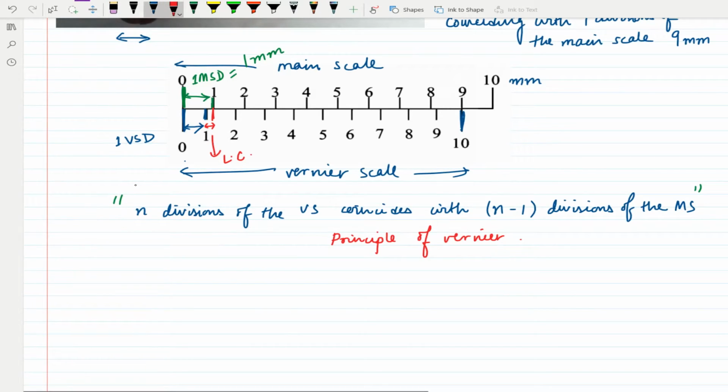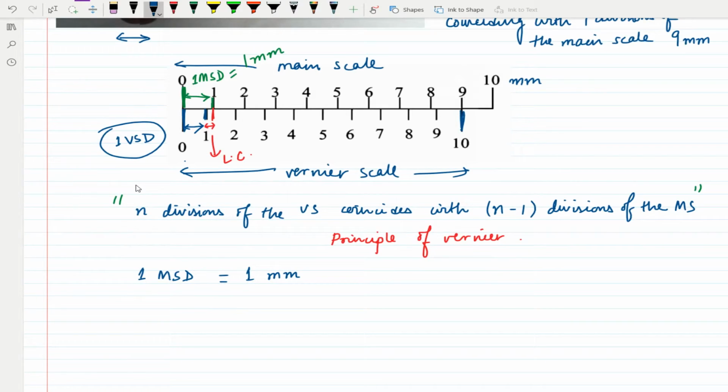Now before doing that, we first need to find out the value of one vernier scale division. Like we know the value of one main scale division, so one main scale division equal to 1 mm. We know this value. So how do we find the value of one vernier scale division?